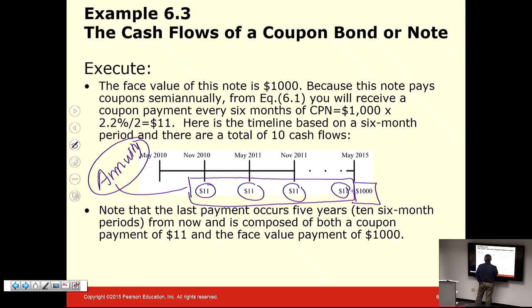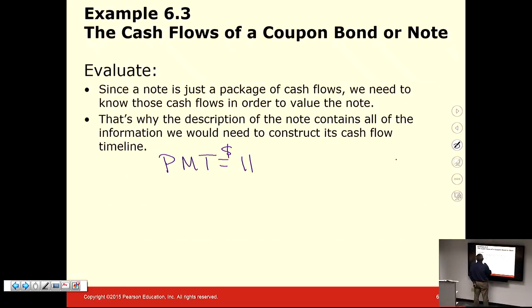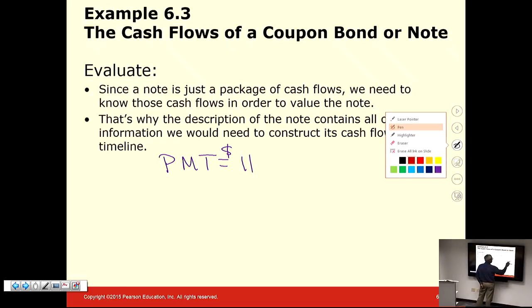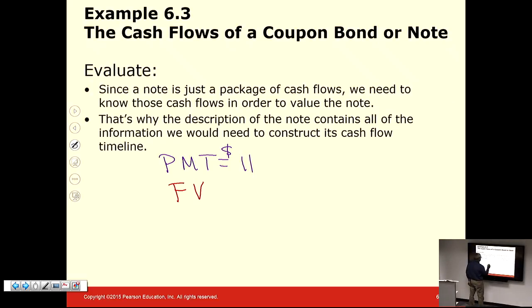Then in addition, I have this one-time cash flow of 1,000, which is like my future value. So my payment is 11, and my future value is 1,000.